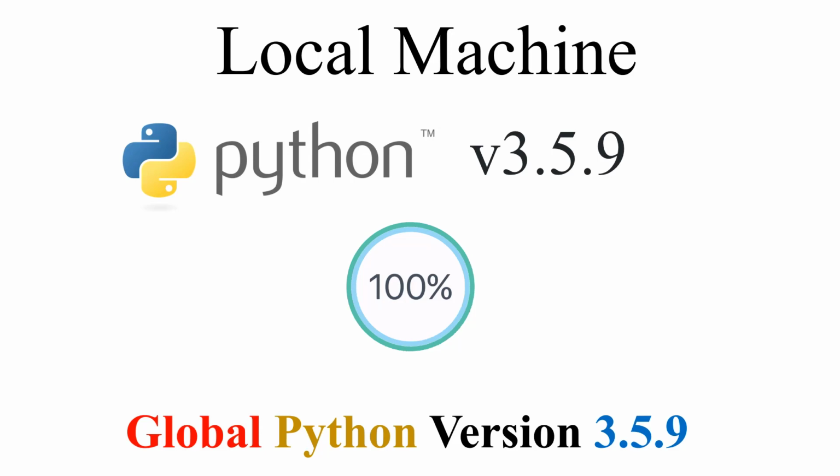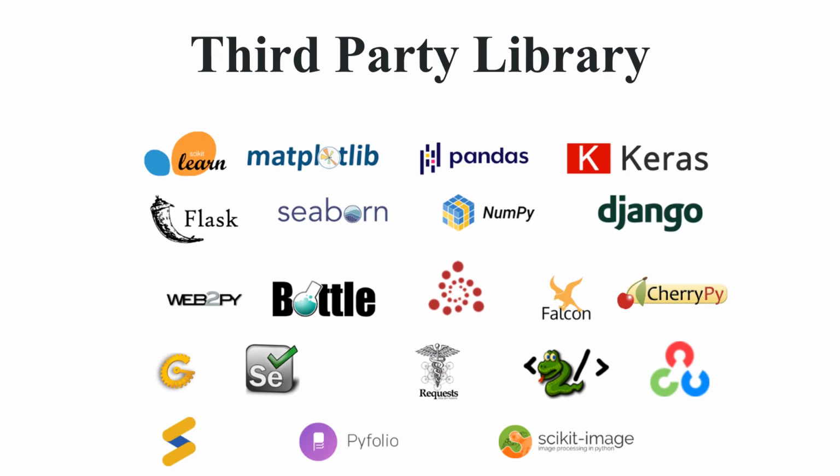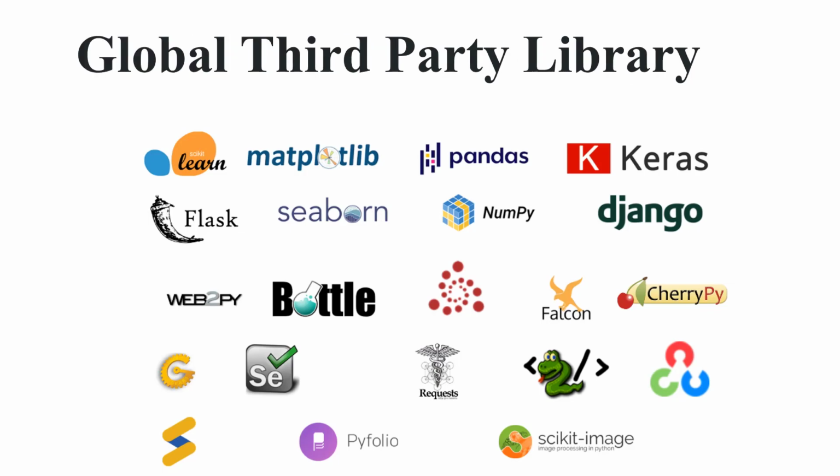As you know, Python has thousands of third-party libraries such as scikit-learn, matplotlib, pandas, keras, flask, seaborn, numpy, django, web2py, bottle, falcon, cherrypy, scipy, scikit-image, and so on. You have installed any library as you want. I would like to call it a Global Third-Party Library.